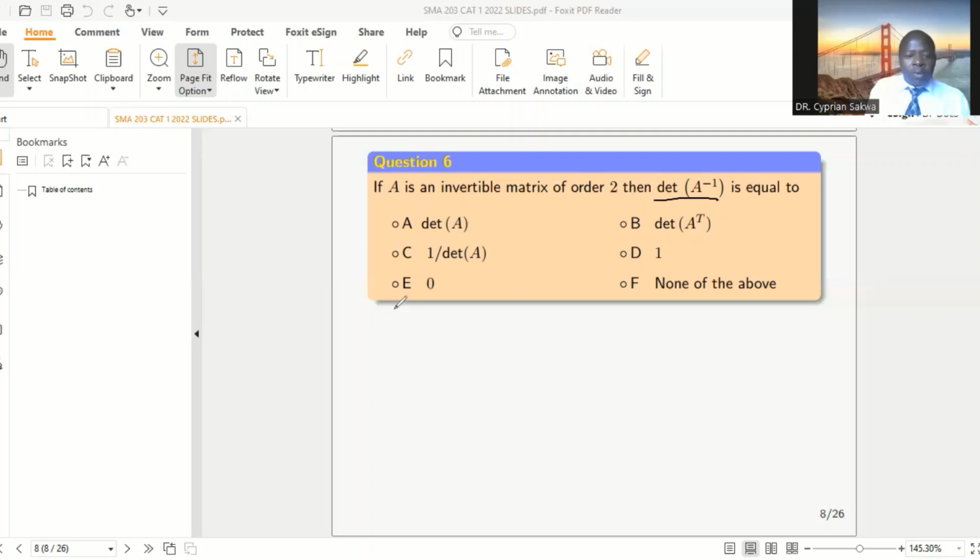What we know from our basic mathematics is that if you have matrix A multiplied by its inverse, the answer will be the identity matrix.